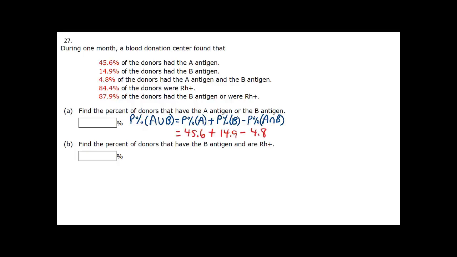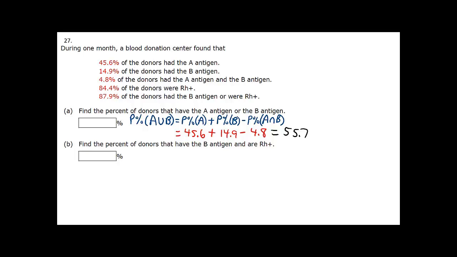And I know these numbers, all but the one on the left. The problem told me that the percentage of the donors that had A antigen is 45.6, B antigen is 14.9, and both A and B 4.8.